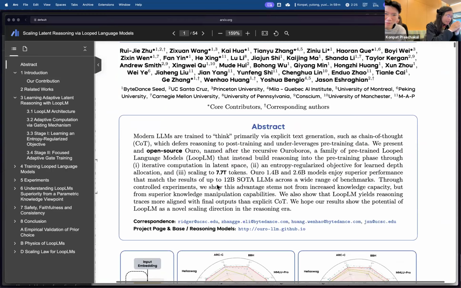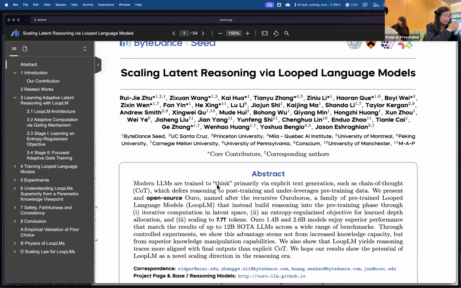So you asked two questions. The first question brings up the Merrill paper, "A Little Depth Goes a Long Way," which shows in theory that a log-depth universal transformer solves a problem that requires a linear chain of thought.